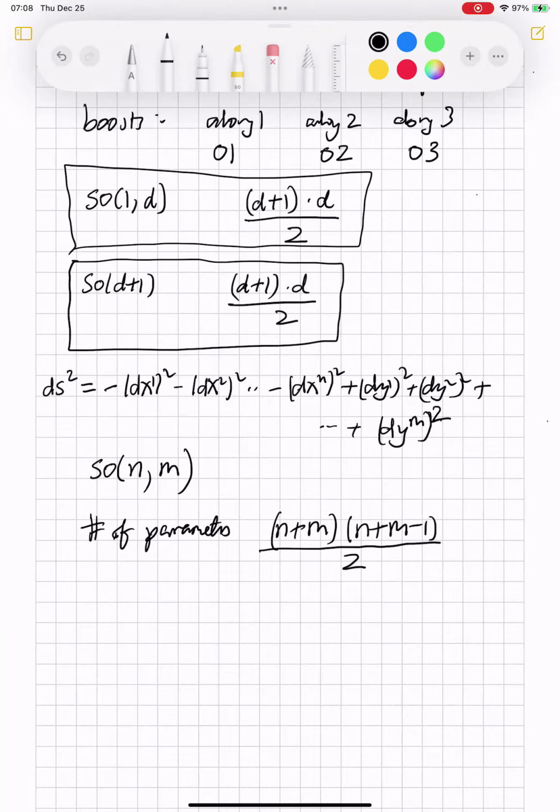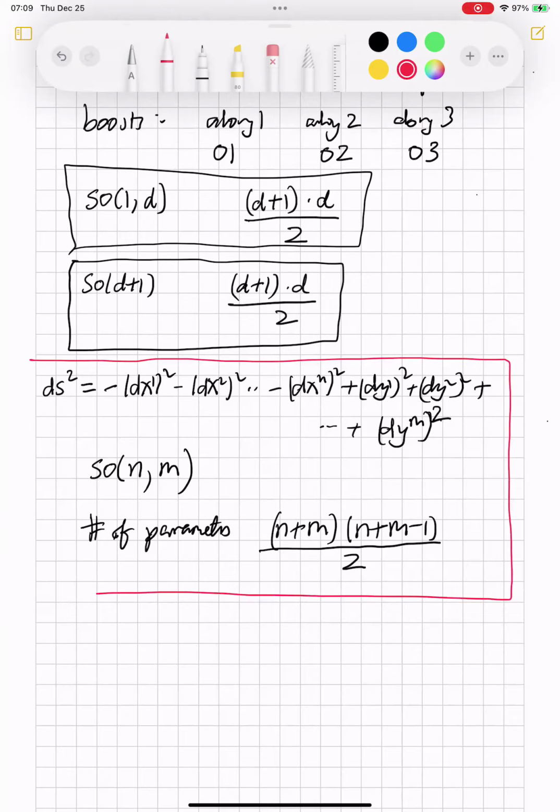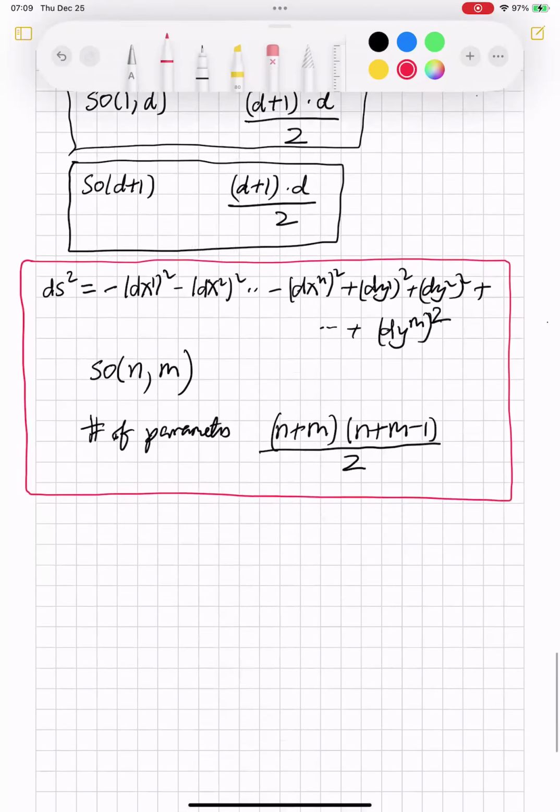So it's your usual counting for an SO group. This is just a little generalization of the SO group. That's what we want.